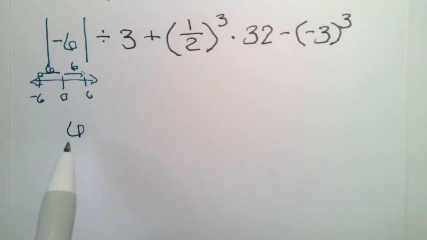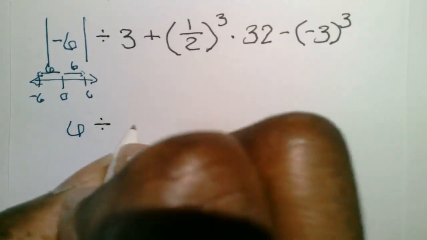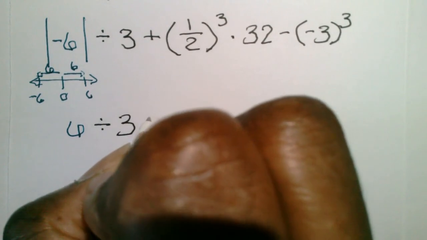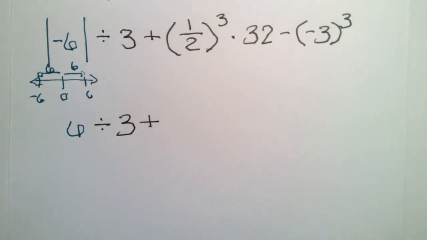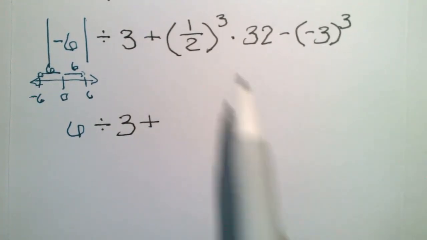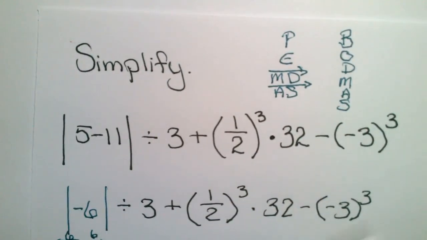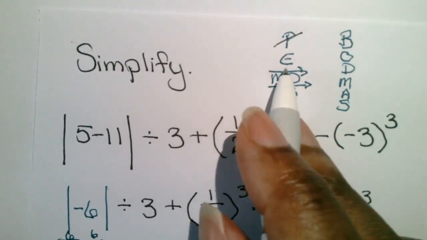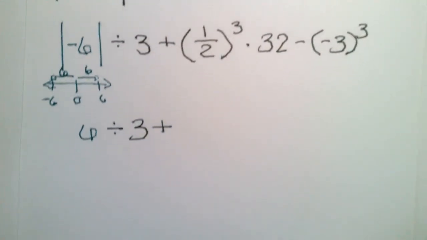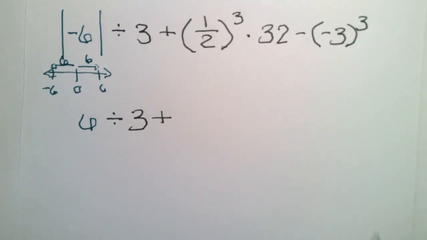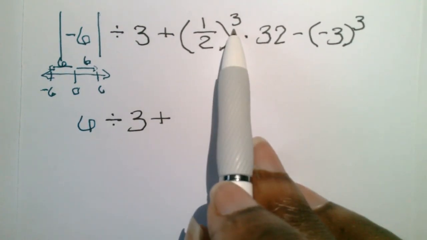Now, from here, we're going to bring down the dividing 3. We're going to bring down the plus sign. Let's take care of the exponents. So since we already did parentheses, let's take care of those exponents. So 1/2 to the 3rd power.